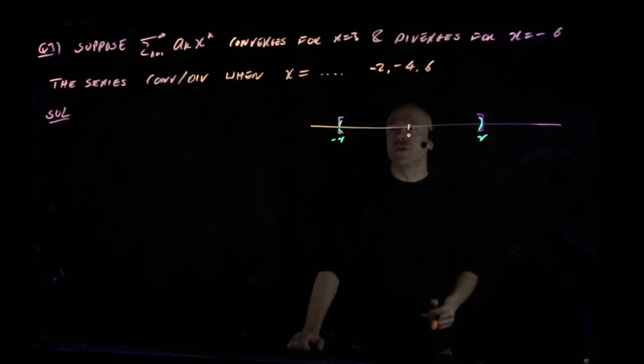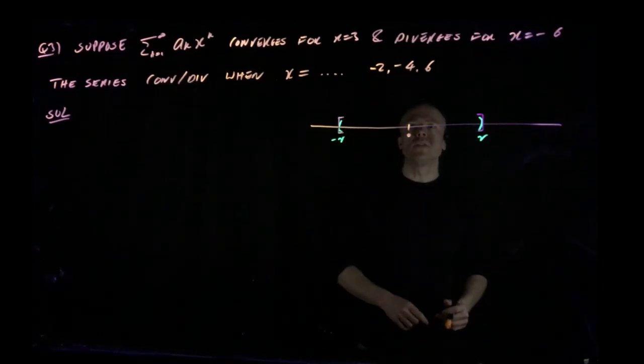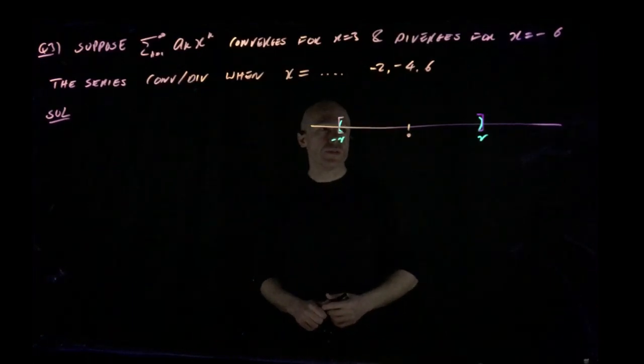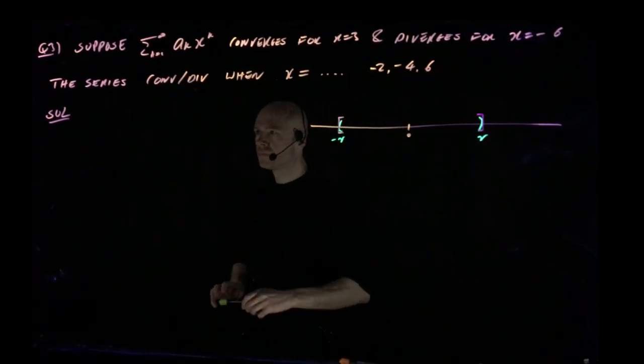So then we have these particular choice of numbers, right? So let's write down what we know.